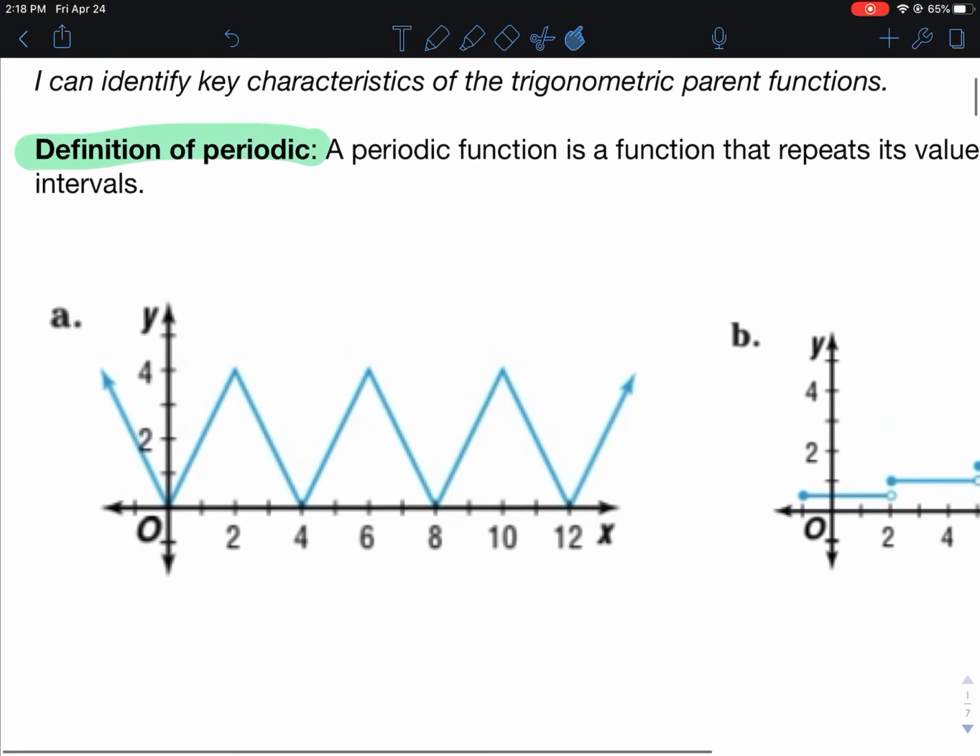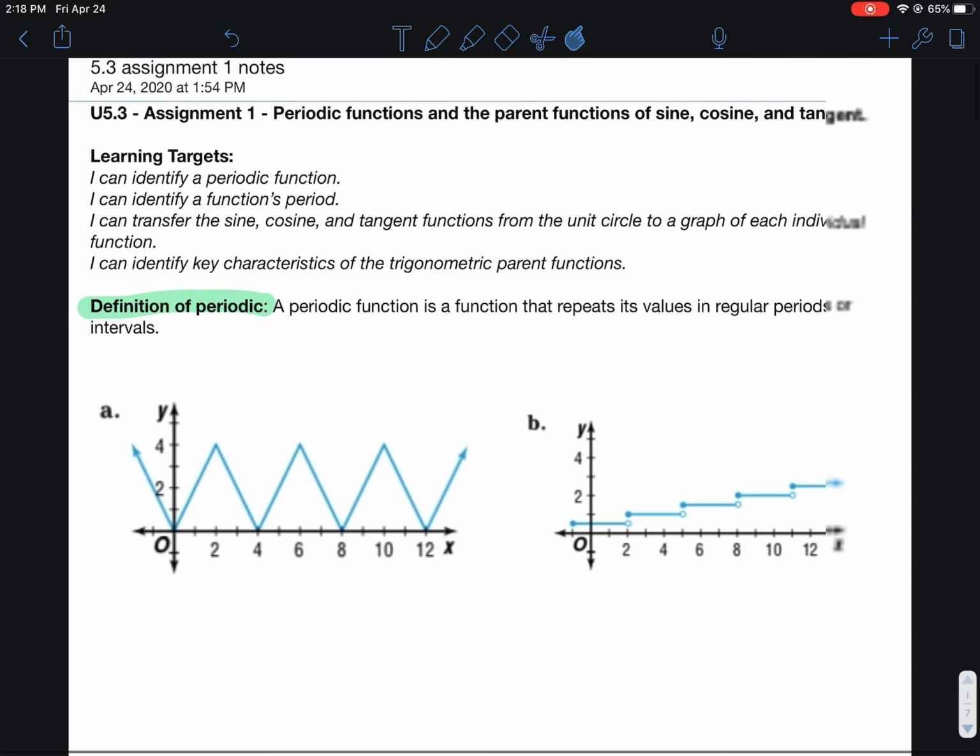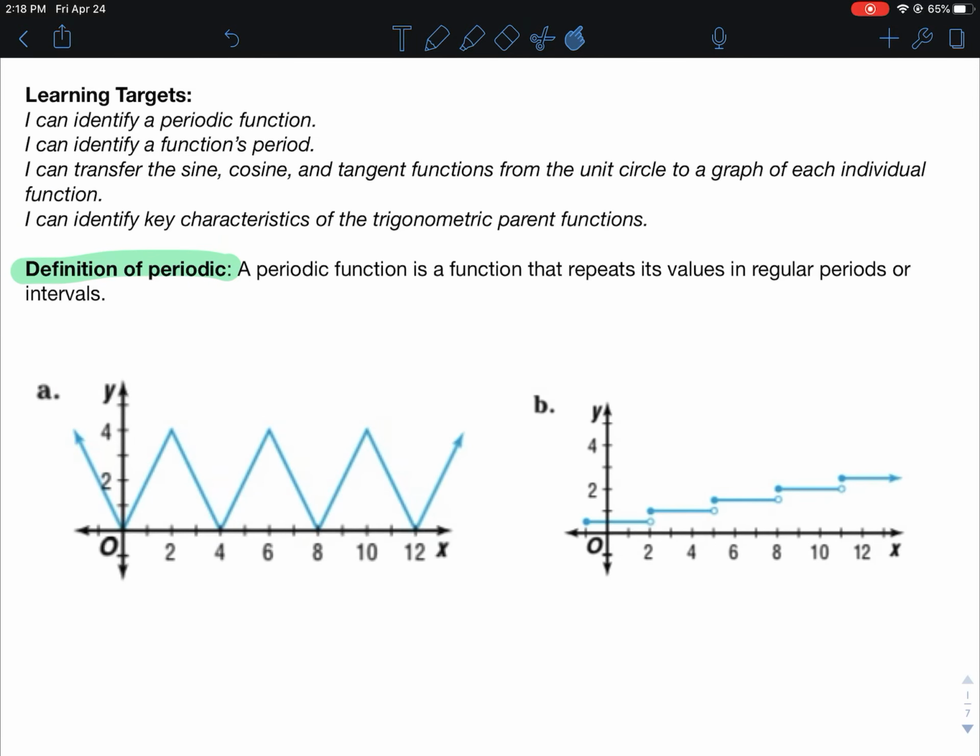So when we look at this outside of the unit circle here, a periodic function is just a function that repeats its values in regular periods or intervals. And repeating its values, when we say that, we're talking about the y values, right?